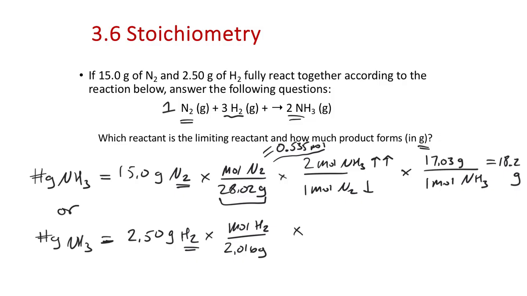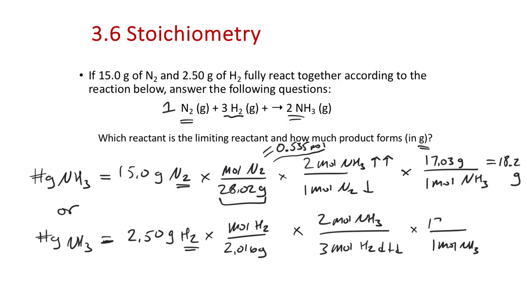Now our coefficients here are for every 3 moles of hydrogen that react, provided we have the proper amount of nitrogen to react with it, then we will form 2 moles of NH3. Molar mass of NH3 is the same mass, 17.03 grams.